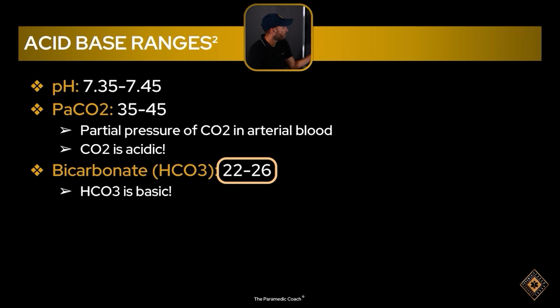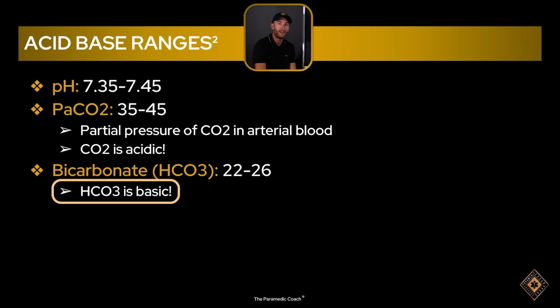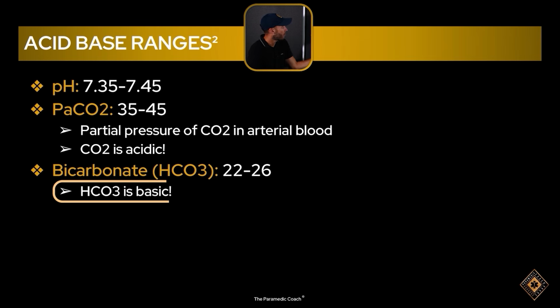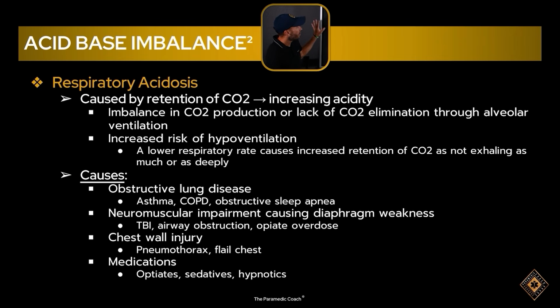Well, I'm going to tell you that bicarbonate, which is HCO3, is basic. Okay. So CO2 is more acidic and bicarb is more basic. Hang with me. Now, let's talk about each one of these so we understand what's going on in the body with each one of these. Make sense? Okay, let's do it.